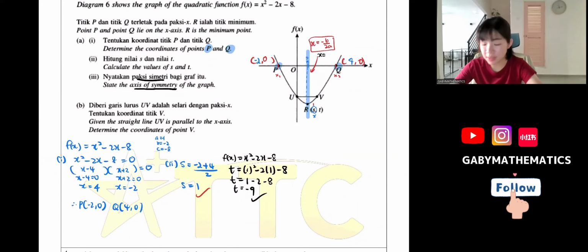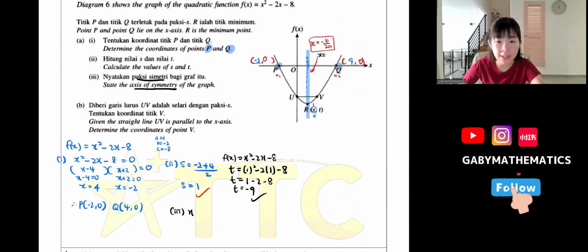We already found that this x coordinate is 1, meaning this line is at 1. So, state the axis of symmetry: the answer is x equals 1. Okay, guys, you cannot just put 1, you have to state x equals 1 because it has to be an equation. Remember to put x equals 1.